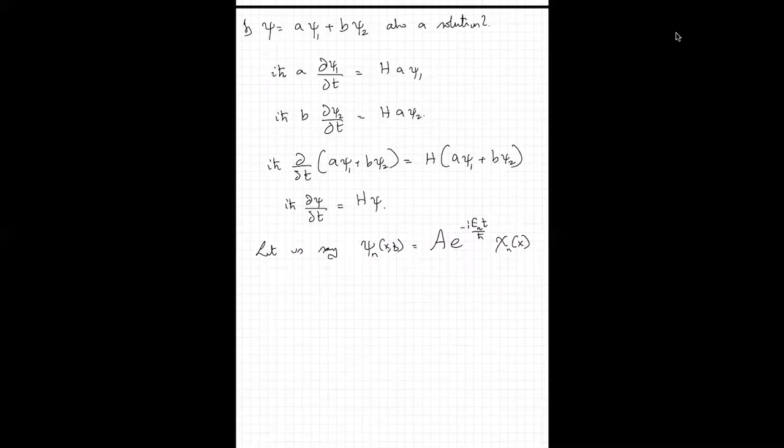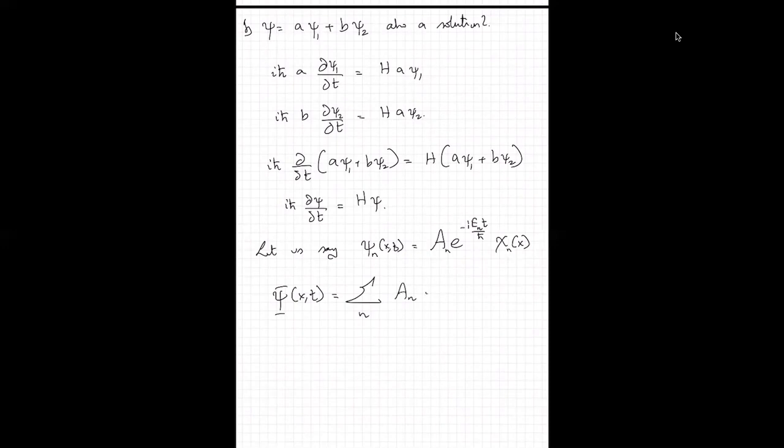Then I can always write down a linear combination, psi of x,t, which is a general linear combination of A n times psi n. I put that n on the constant also, because the constant can be different for the different solutions. There is nothing that says it has to be the same constant for every solution.